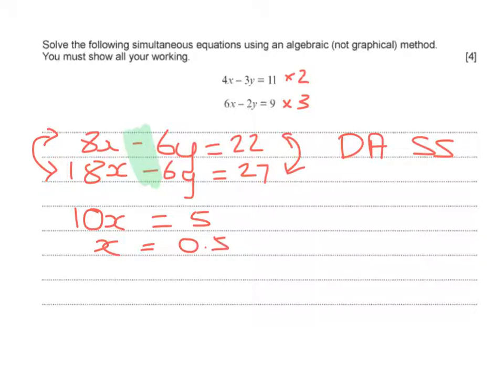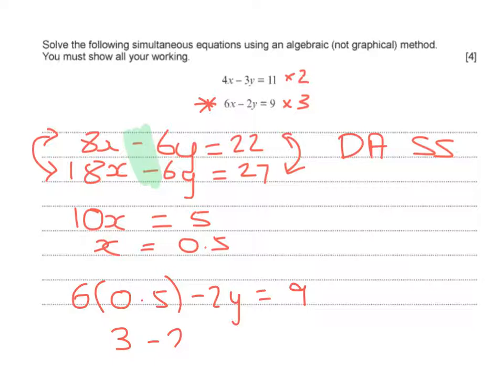Now we've got a value for x, we can substitute it in to find a value for y. So we choose one of our equations. I'm going to choose this one here. So I've got 6 lots of x, which is 6 lots of 0.5, minus 2y equals 9. 6 lots of 0.5 is 3, minus 2y equals 9.